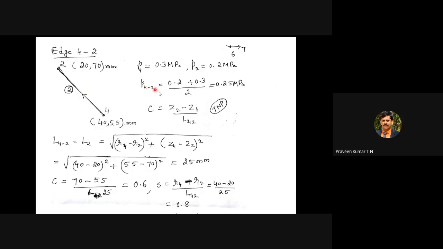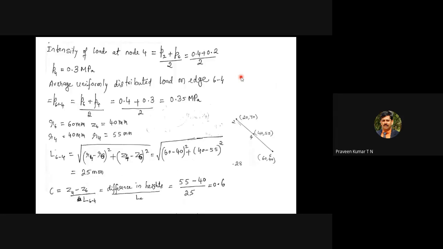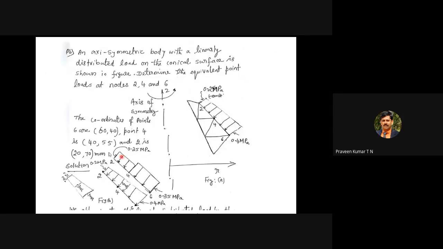The average force acting on edge 4-2 is 0.3 plus 0.2 divided by 2, finally 0.25. That means the average force acting on edge 4-2 is 0.25 megapascal. This is shown in the beginning. Here you can see for edge 4-2, the average force is 0.25.